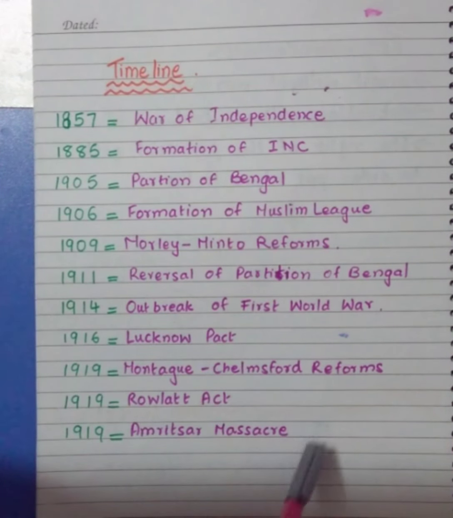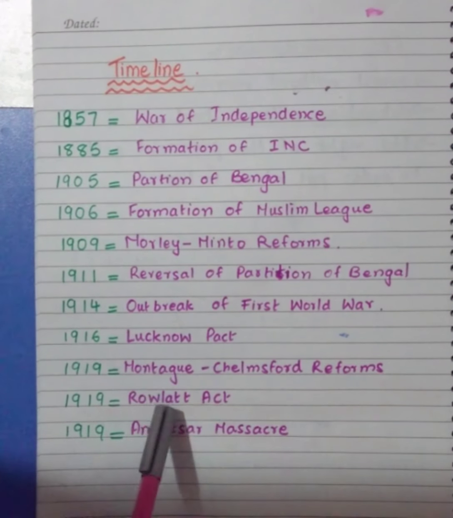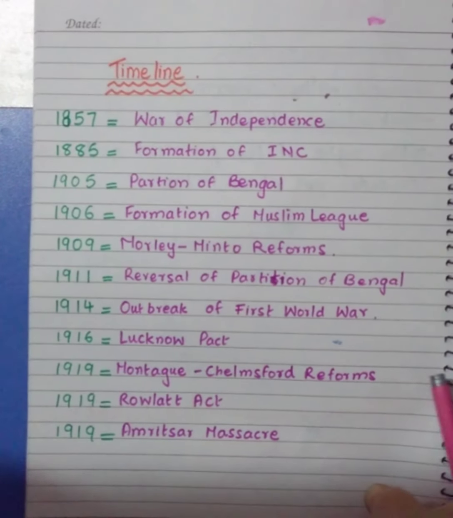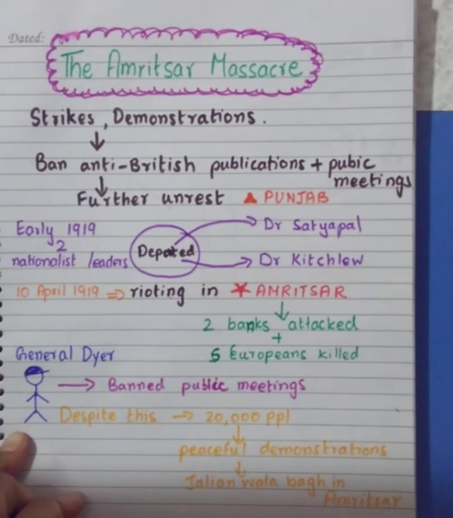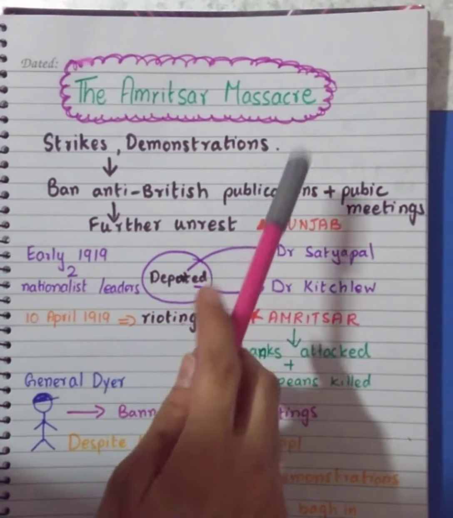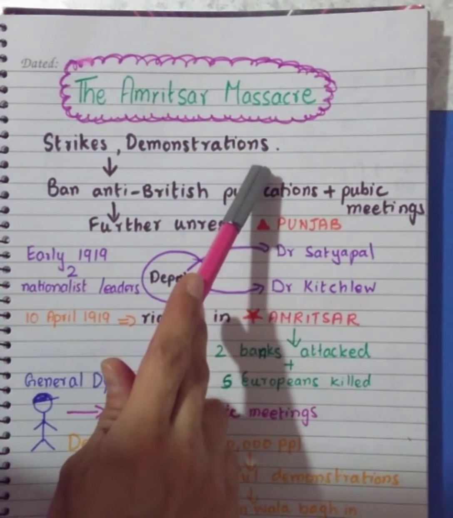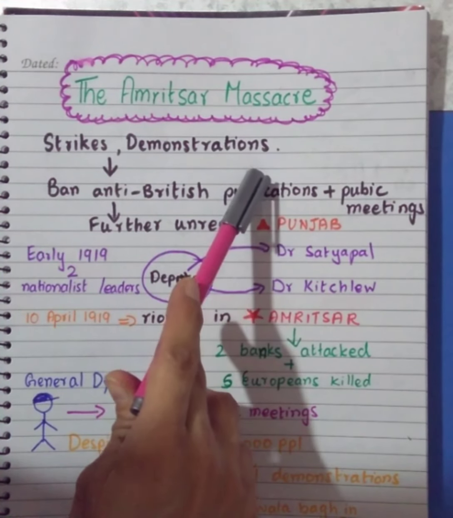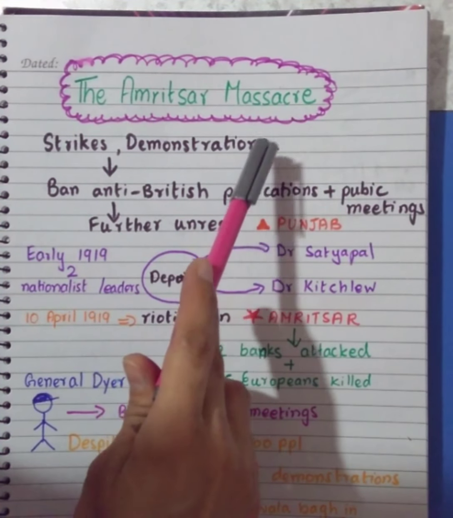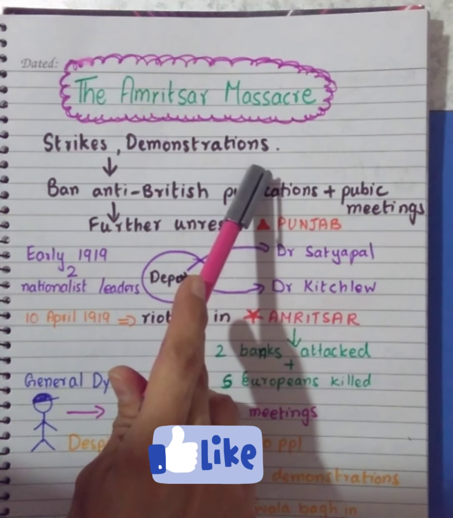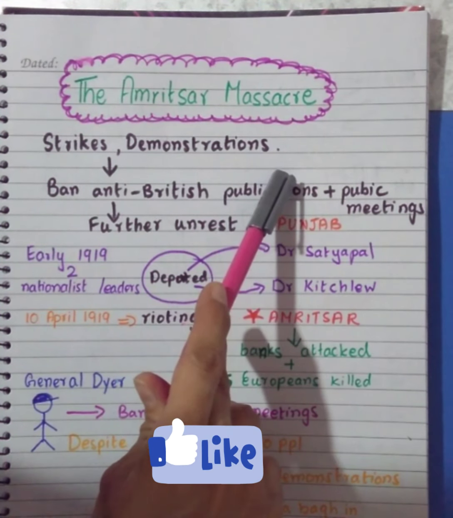Okay, so in order to understand the Amritsar massacre, one has to be well aware of what the Rowlatt Act was. Now, moving on with the Amritsar massacre. There were strikes and demonstrations going on all over India against the Rowlatt Act. Just to give you a small summary, what was the Rowlatt Act? Justice Rowlatt had come up with his recommendations, and those recommendations were accepted by the Viceroy of India.